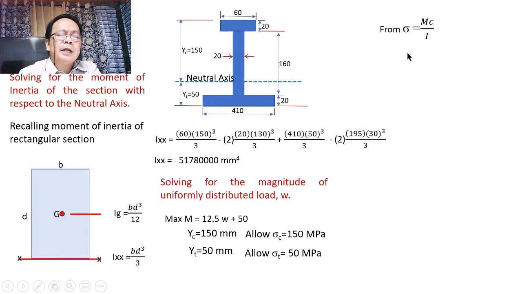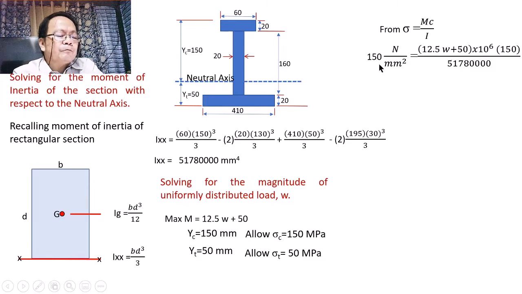So let us now try to substitute. We shall have here the allowable stress of 150, unit is megapascal. The equivalent unit of megapascal is Newton per square millimeter. Okay, this 12.5 W plus 50 is actually this moment, which is in kilonewton meter. So I have to multiply it by 10 to the 6 because I need to convert that kilonewton meter into Newton millimeter.